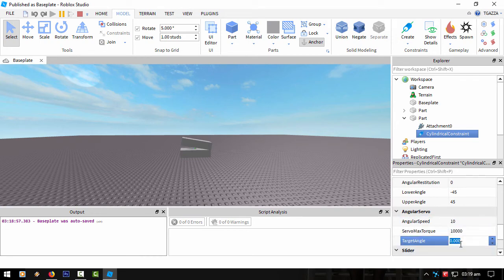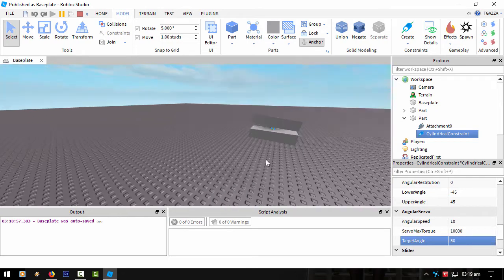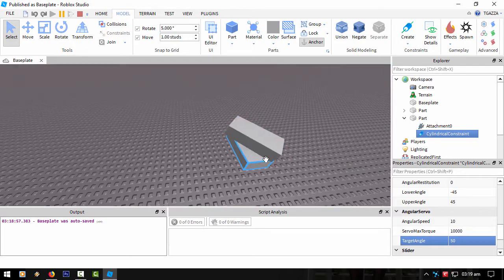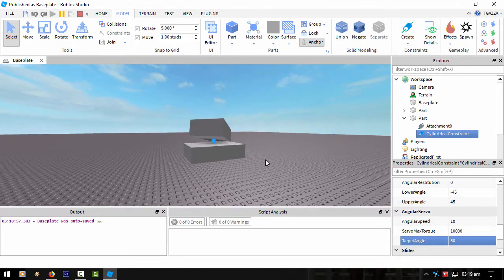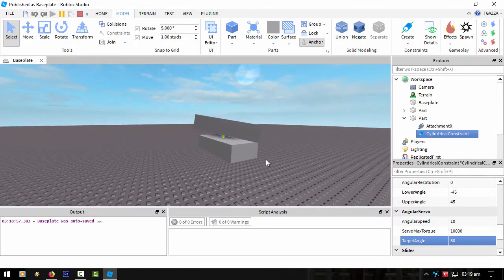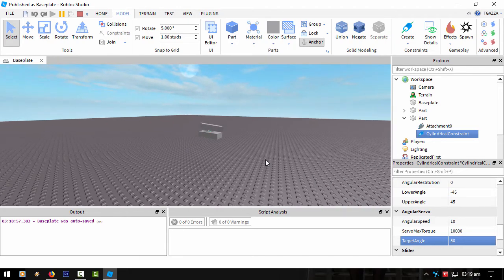Let's put that to that. Target angle. Oh. Okay. Oh. So that's very much like a 3D motor.